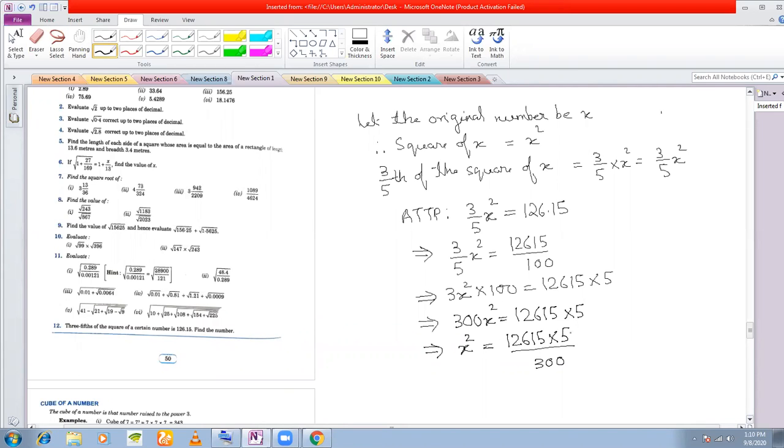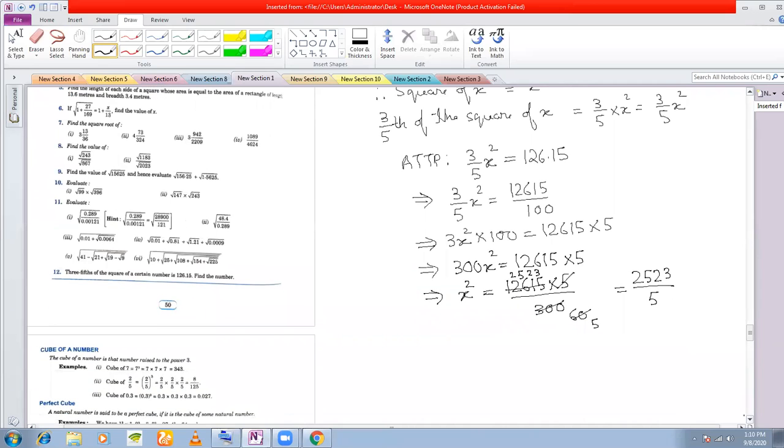So let us see what x square comes out to be. Let us cancel 60, and again this will cancel with 5, 5 2s are 10, 5 5s are 25, 5 2s are 10, 5 3s are 15. Okay, so you get 2523 divided by 5.